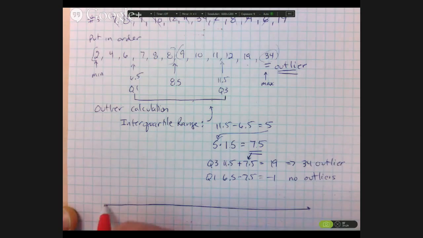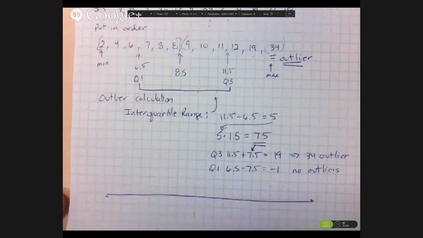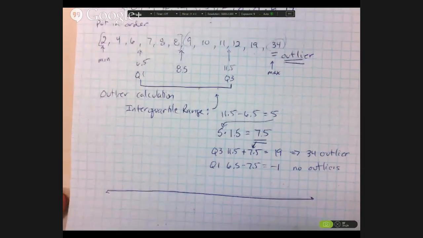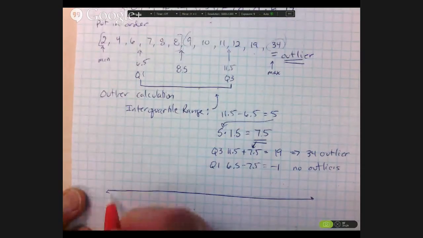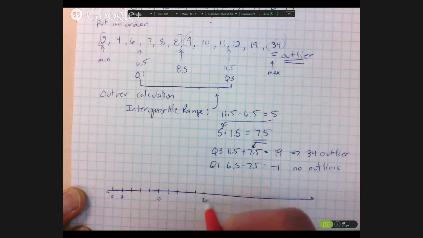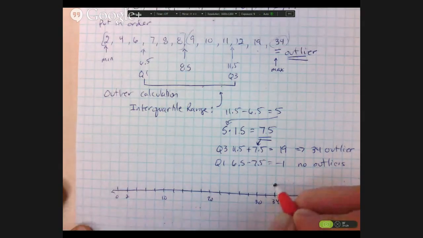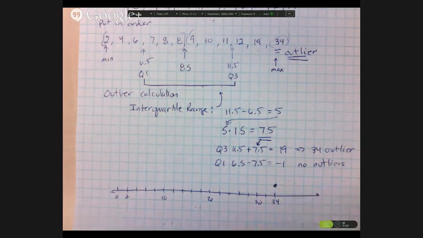What scale do you want? Alrighty then, I'll pick. All right. 34 is an outlier, so we put a dot.